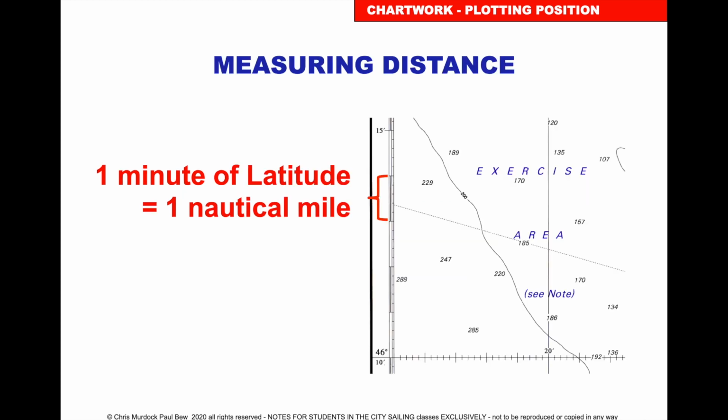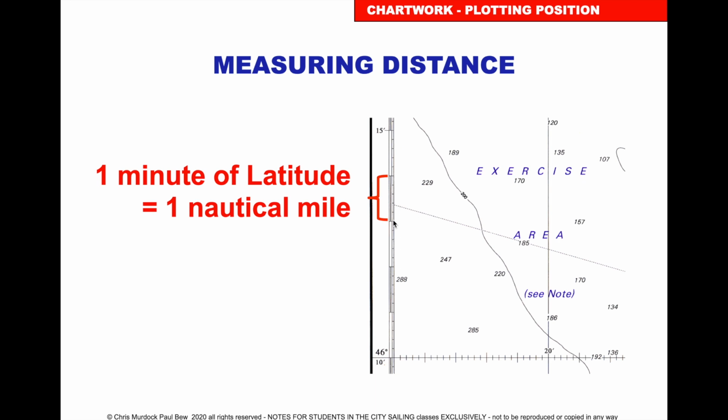When we look at the side of the chart, we see that it's divided up. So this is 46 degrees north, 10 minutes, 11, 12, 13, 14, 15. So between here and here is 5 miles. Each one of these is 1 nautical mile. On your REA chart 3, it's divided up into 1, 2, 3, 4, 5.